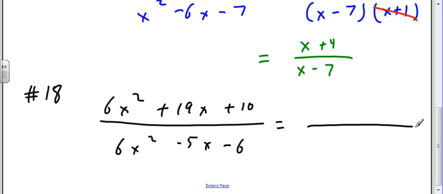All right, now, clearly there has to be a factor of both of those that are the same, in order for something to cross out and we can simplify things. So that being the case, I'm going to look at the bottom guy first, because he looks like he's simpler to factor. So I've got a 6 and a minus 6 and a minus 5 in the middle.